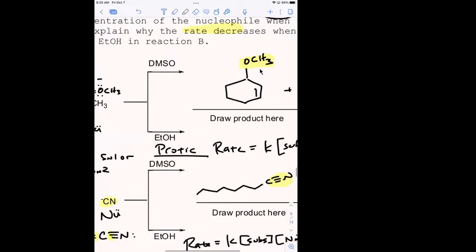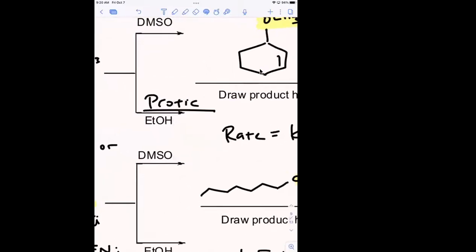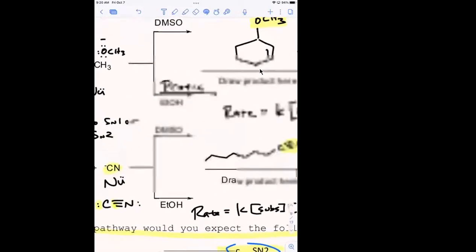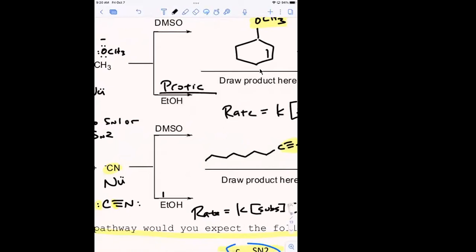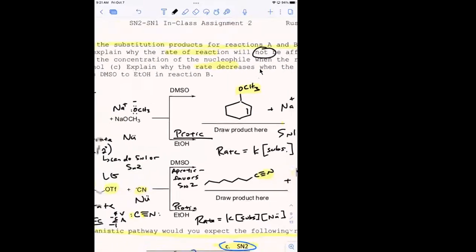DMSO, is it protic or aprotic? We know ethanol is protic. We just said that up top. So this is protic. Well, DMSO doesn't have an H to give, so isn't it aprotic? It's aprotic. Right, and this favors SN2.